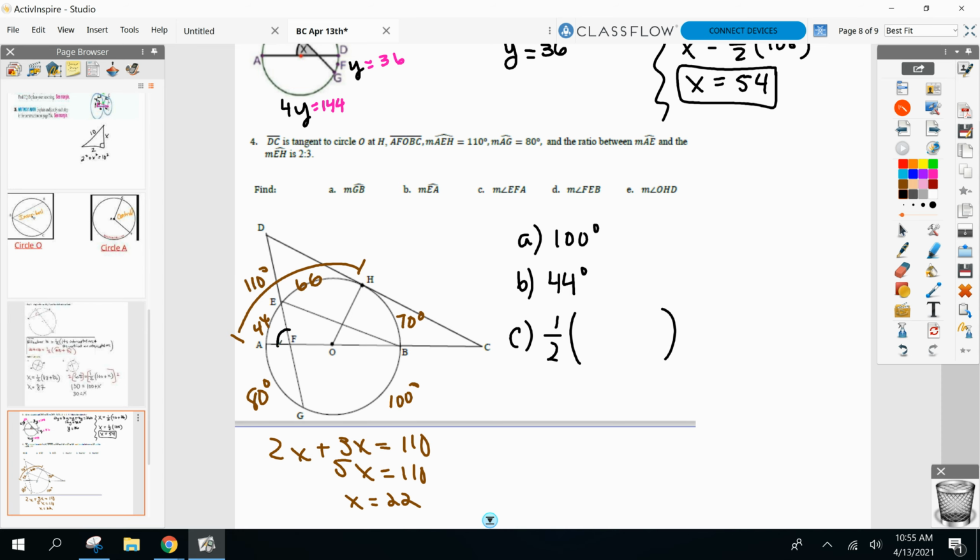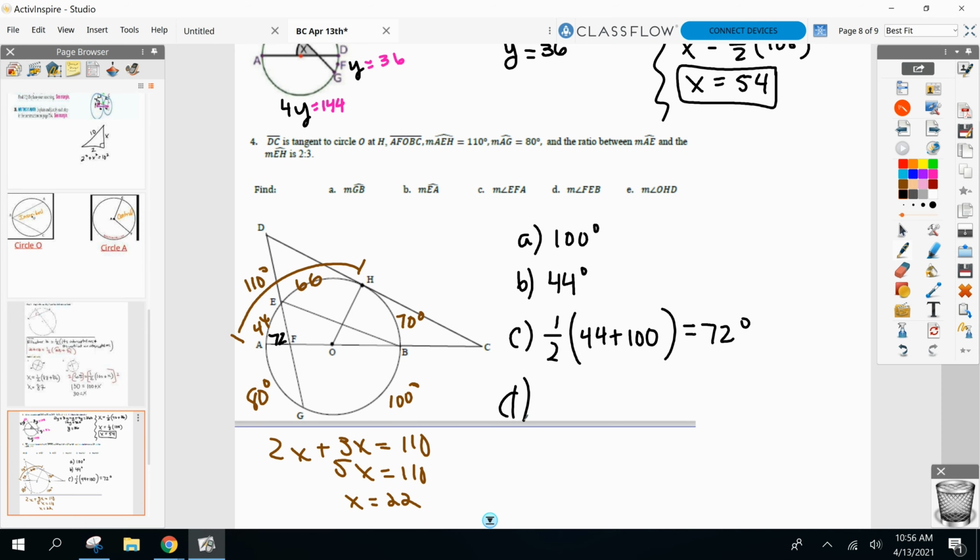AE. Which is how big? 44. Okay, so 44 plus what's its vertical angle's arc measure? 100. There we go. That's where we end up with 72. Okay, everybody good? 72. I would even plop it in the diagram too. You never know, I might need it.